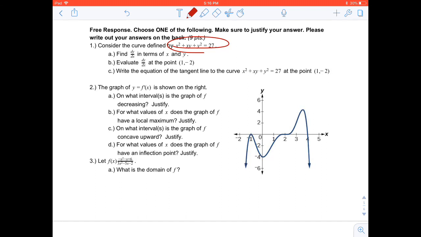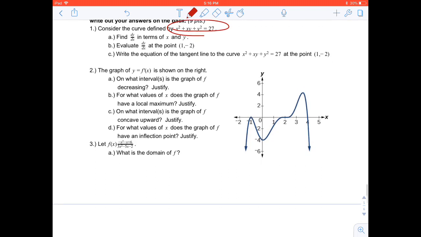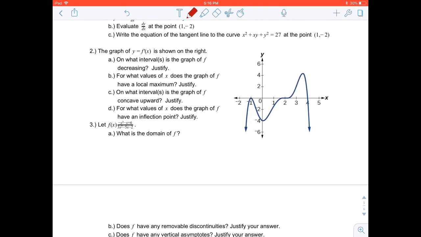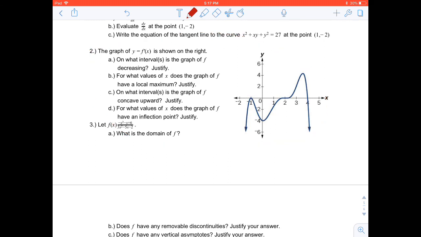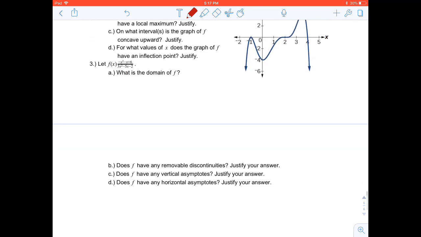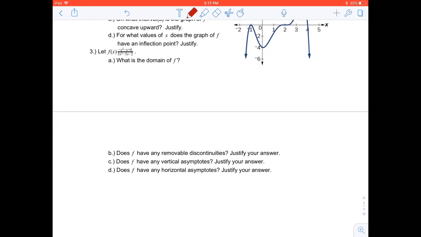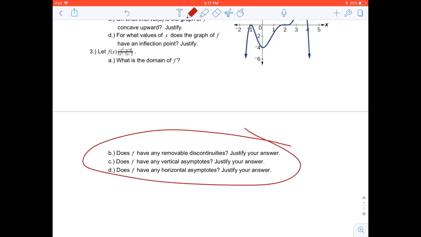We did an example that's similar to it already in one of the other problems. This is pretty much like what we did in the last test, looking for maxes and mins and that sort of stuff. And here we're talking about discontinuities, removable discontinuities, vertical asymptotes, horizontal asymptotes.